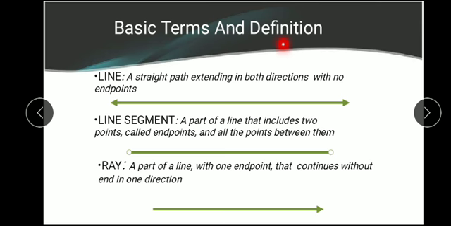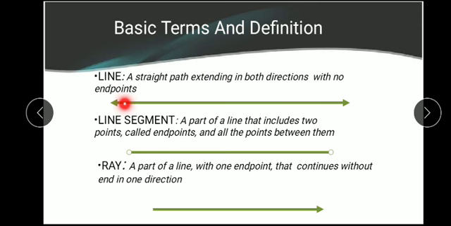Basic terms and definitions. So what is a line? The definition of a line is a straight path extending in both directions with no endpoints. You can see it's a straight path which can be extended in both directions.